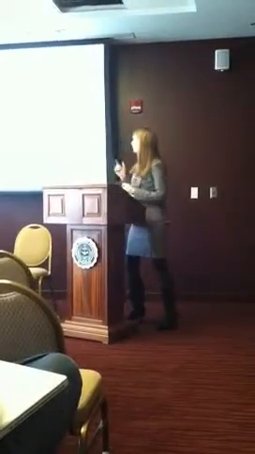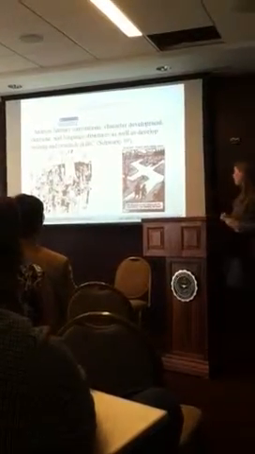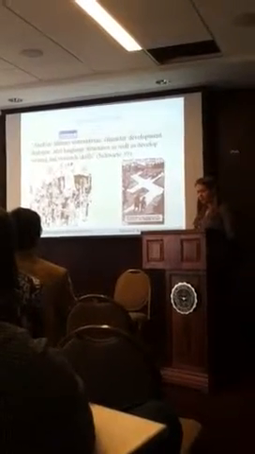So I have these two examples. The one on the left is from Incognito, and the one on the right is from Maus, which is a Pulitzer Prize winning graphic novel about the Holocaust.